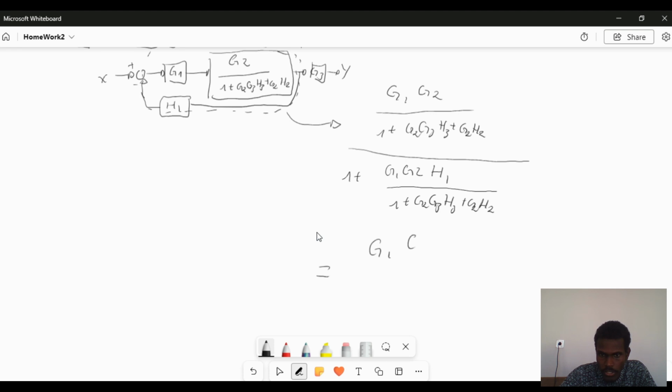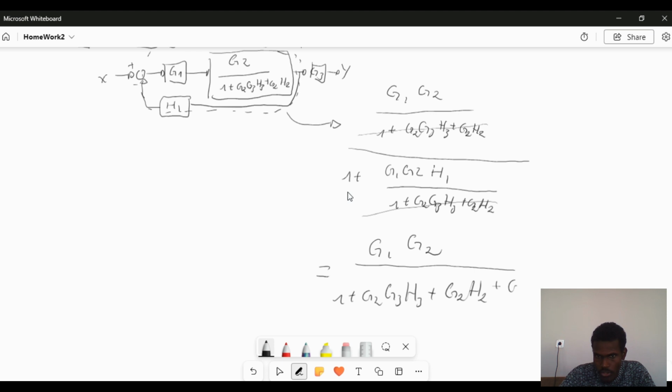You can arrange it by taking this part to the denominator, and you can find here 1 plus G2 G3 H3 plus G2 H2, and as we are going to simplify this with this, we will only find here plus G1 G2 H1.